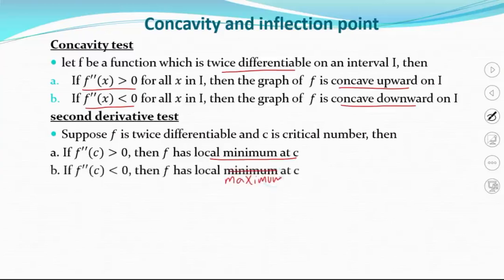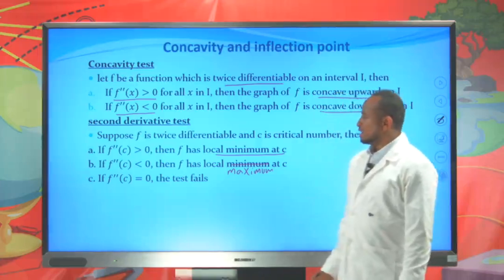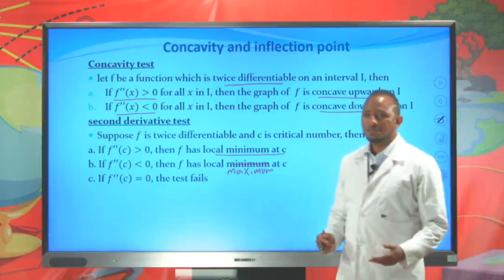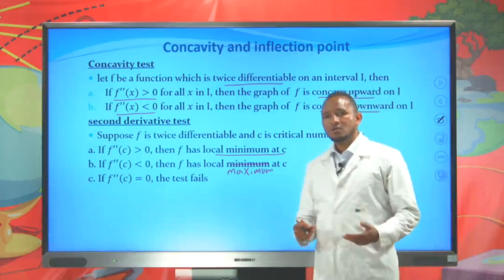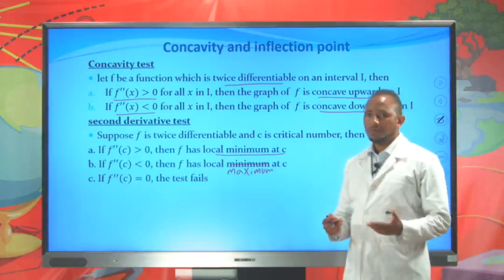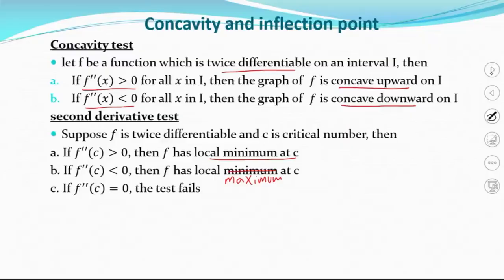And if the second derivative is less than 0 at c, then the function has a local maximum value at c. If the second derivative at c is 0, then the test fails. That means the test doesn't tell you whether the function has a local max, local minimum, or neither at that point.